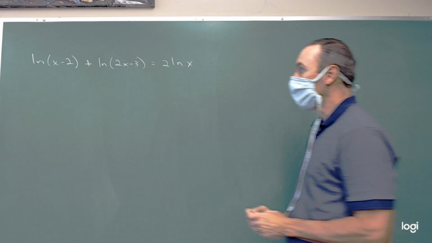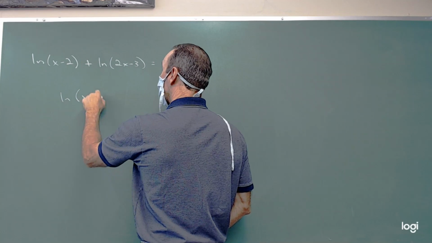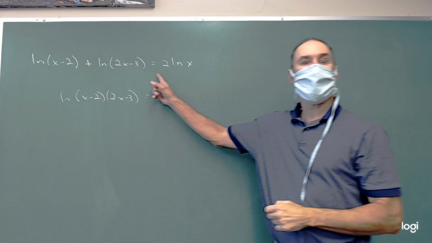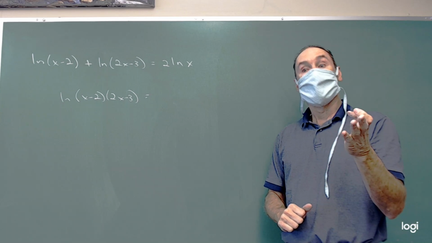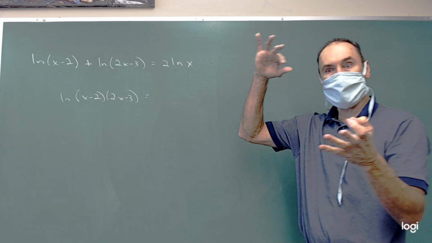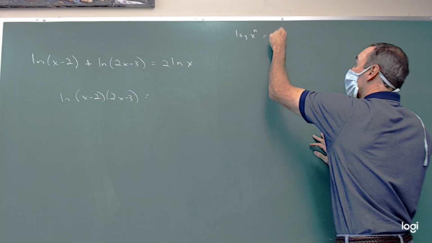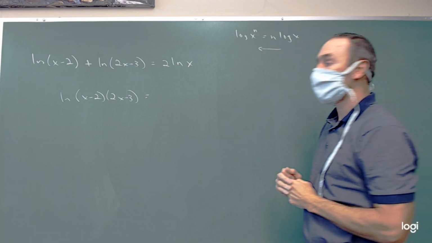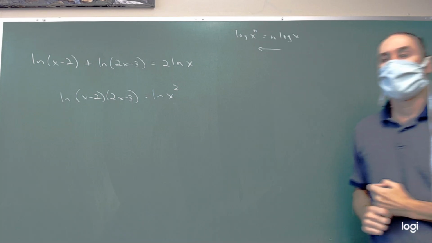On the left side, we said we can make this the natural log of their product. On the right side, when you have a number times a logarithm, what can you do with that number in front? You can bring it into the logarithm as an exponent. We said the log of x to the n is n log x, so we can go right to left as well. That's going to be the natural log of x squared.